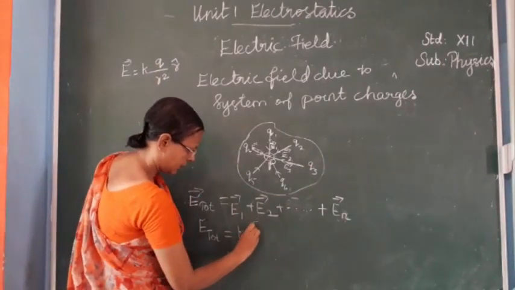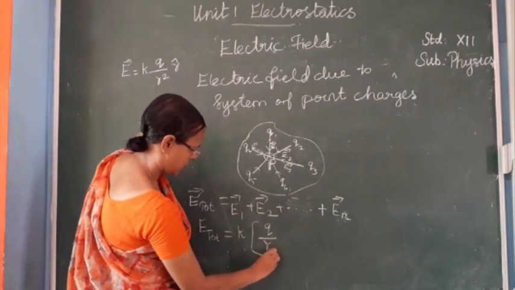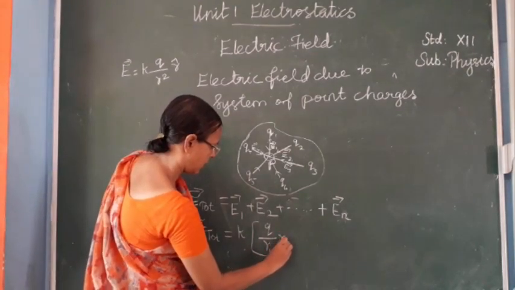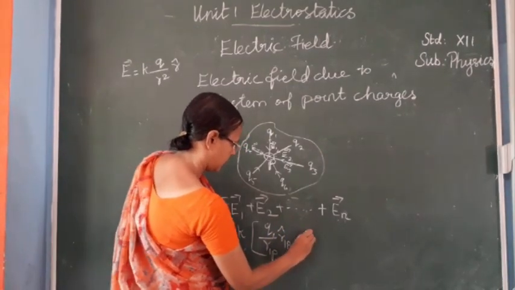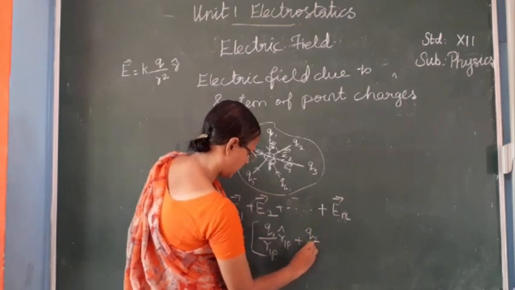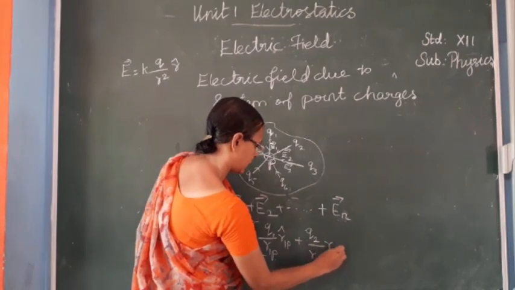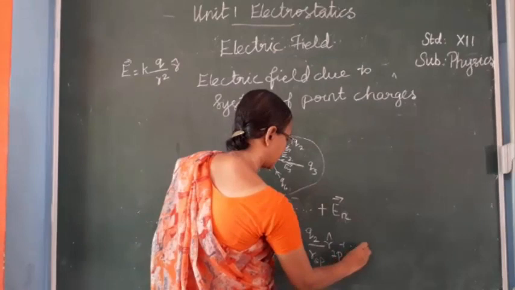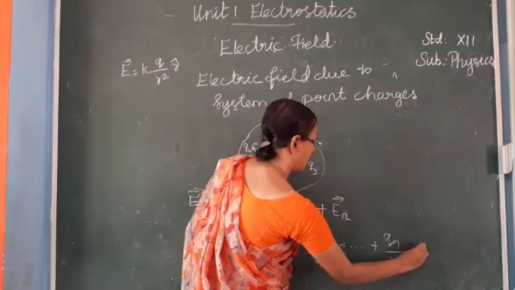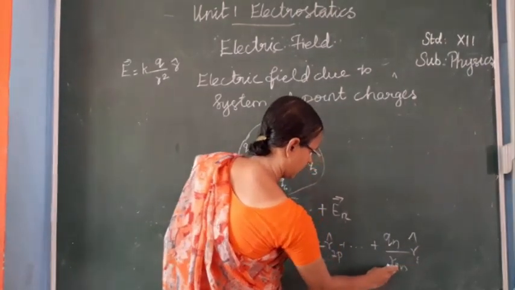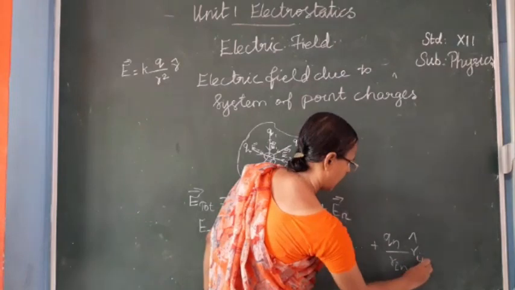So E total is equal to K into Q1 divided by R1P squared, R1P cap, plus Q2 divided by R2P squared, R2P cap, plus and so on, plus Qn divided by RnP squared, RnP cap.